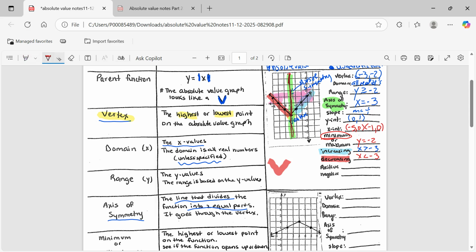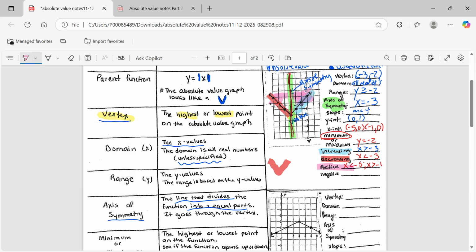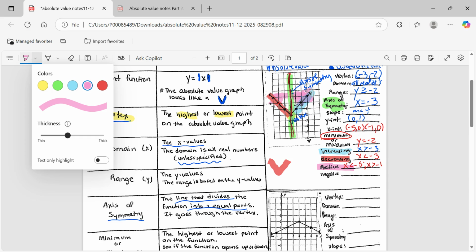And so it's pinkish, it's going to be positive where x is less than -5, and where x is greater than -1. That's where it's going to be positive.